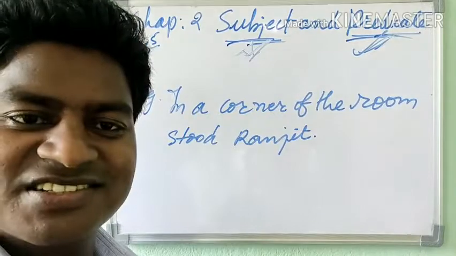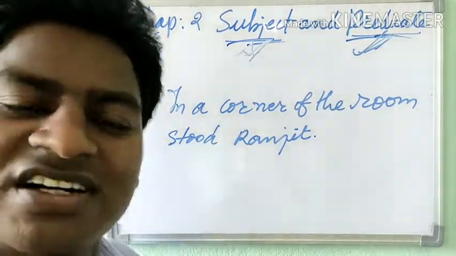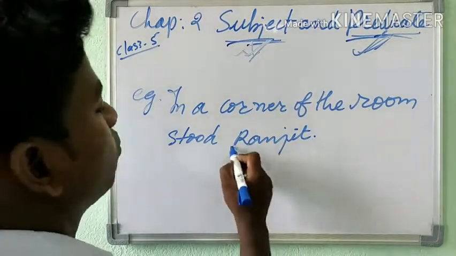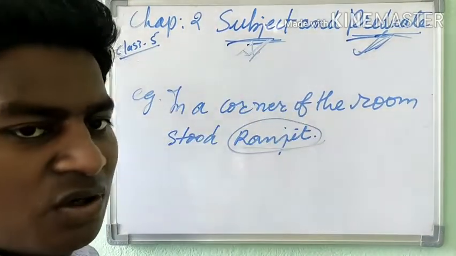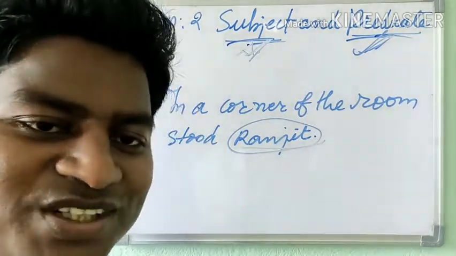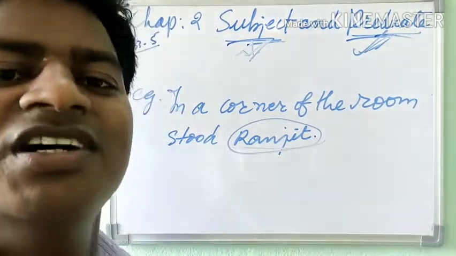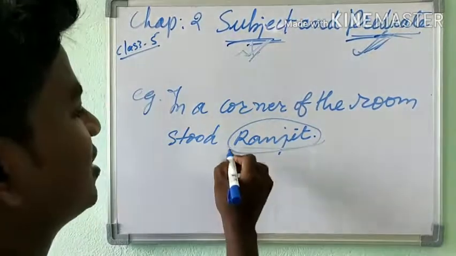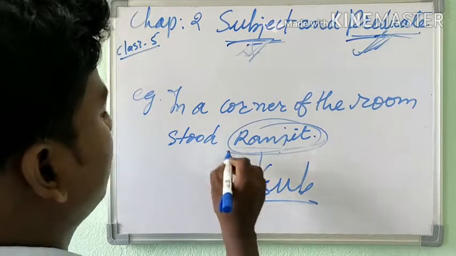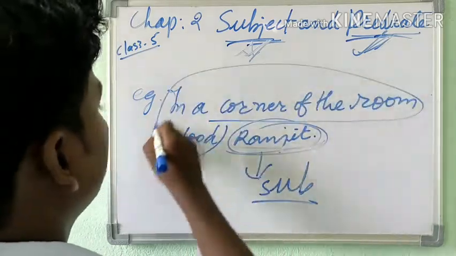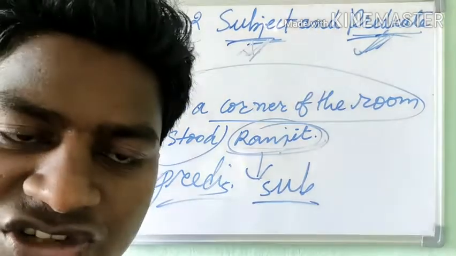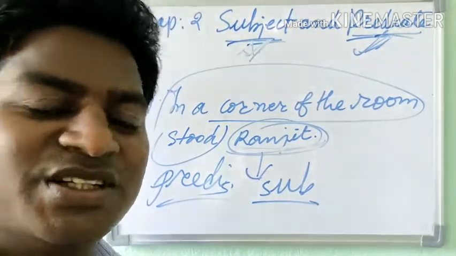Read the sentence and try to understand what the sentence is about. So this sentence is about Ranjit. Who is standing in the corner of the room? Ranjit, no. So the sentence is about Ranjit, and that's why this is the subject. And the rest of the things here are predicate. Clear? Good.